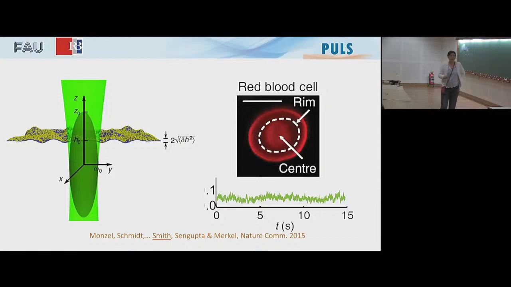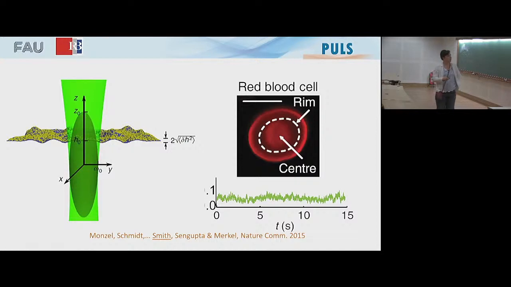All right? And then you can position this trap such that you are not putting the membrane in the center of the trap, but putting it off-center in the linear regime. So that means that if the membrane goes up, the signal goes up. If the membrane goes down, the signal goes down.